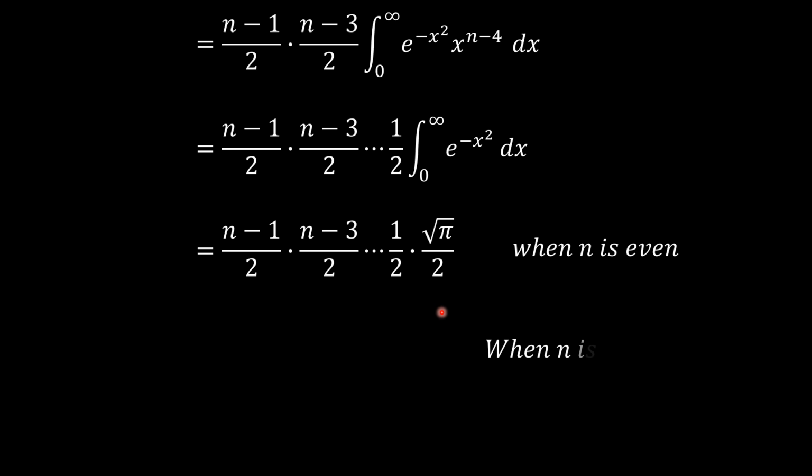When n is odd, however, there'll come a point when this part here just becomes x, and so when we have x times this, that's the same as just the derivative of e to the power negative x squared.